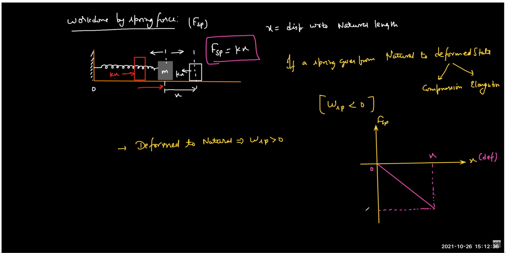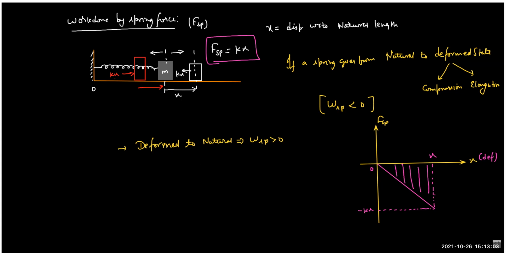If you deform by x, the value is this minus kx, which is representing that it's acting opposite, and a positive force means acting along the x, and negative force means acting against the x. That's the meaning. And what we know that the area under the force displacement graph gives the work done. So we can find the area, and we take the signed area, like area with sign.